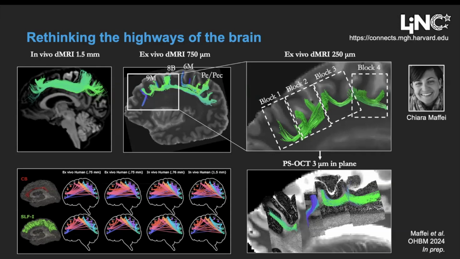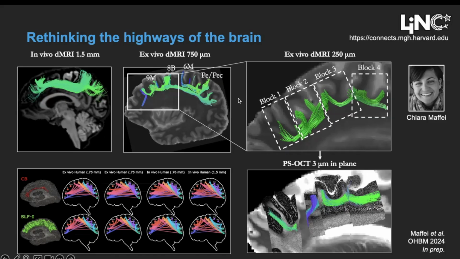But actually what we found when we went to higher and higher resolutions, both first scanning these blocks with high resolution diffusion MRI and then scanning them with optical imaging, down to a resolution of a few micron, is that at high resolutions, we see more of these shorter range connections.